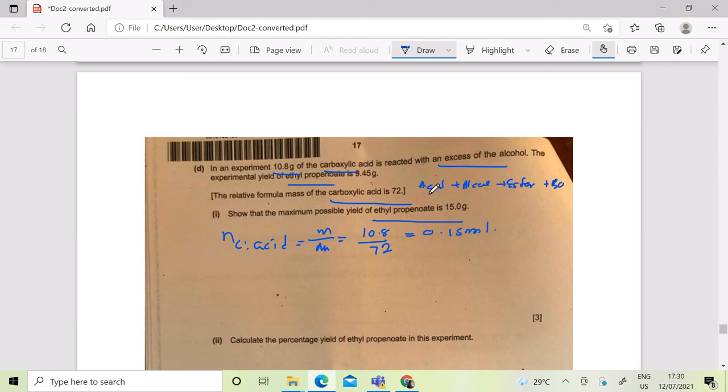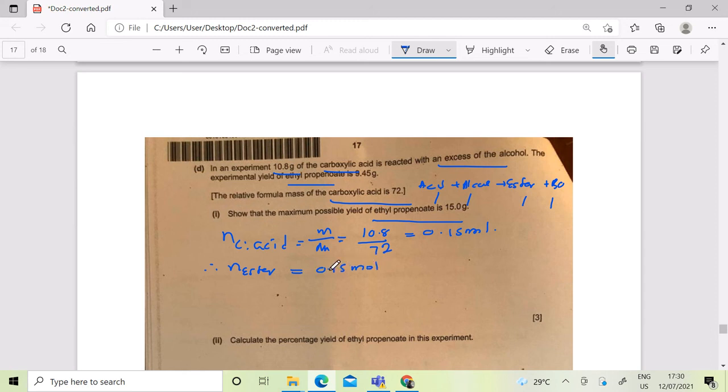All the molar ratios are 1:1. Therefore, if the acid amount is 0.15 mole, the number of moles of ester produced, ethyl propanoate, is also 0.15 moles.